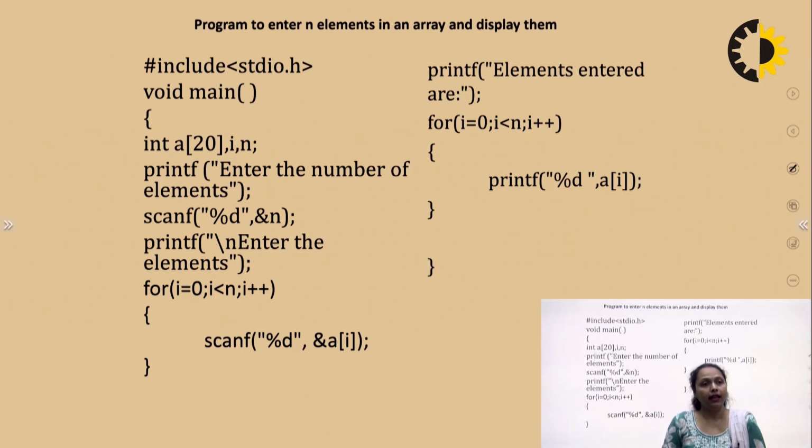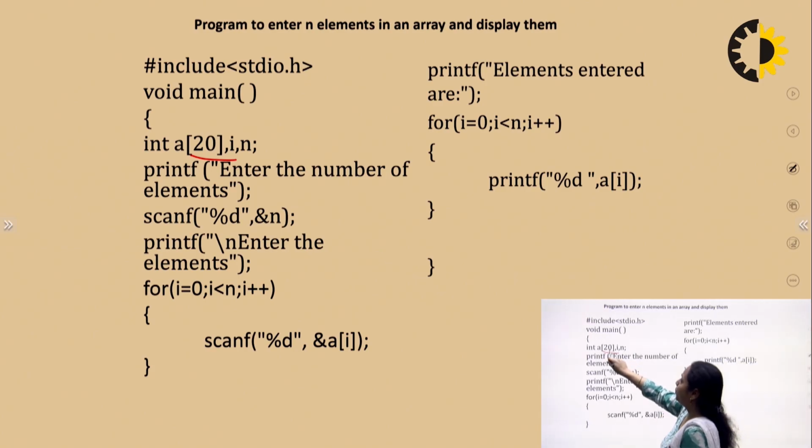Means here we need multiple values being entered in a single name. So for that we have to write a scanf statement inside the loop so that we can take multiple values within the array.